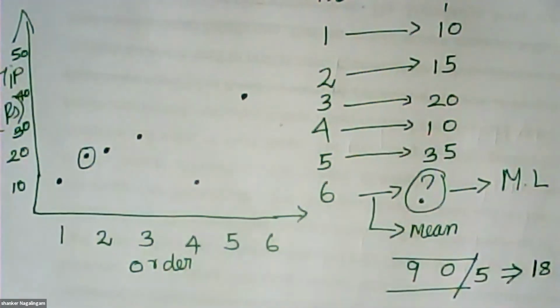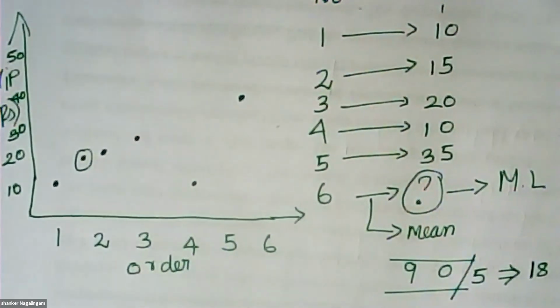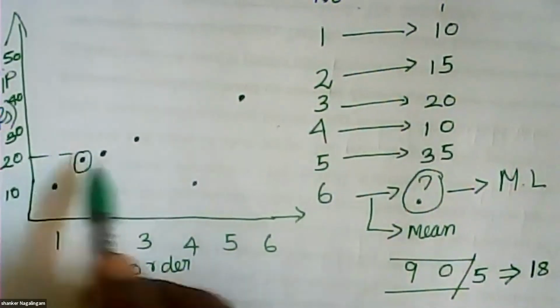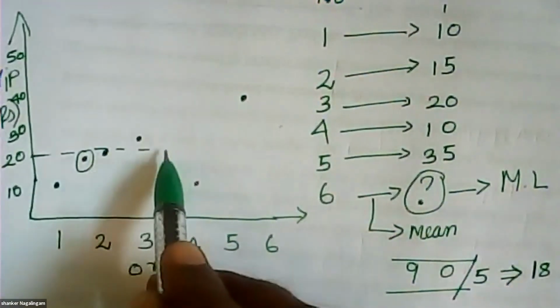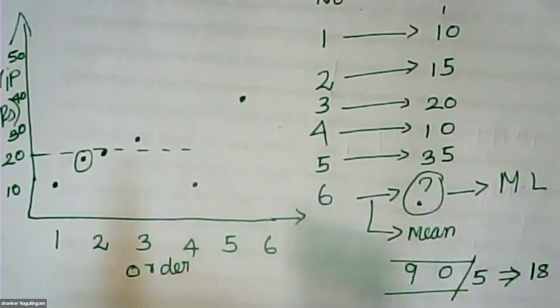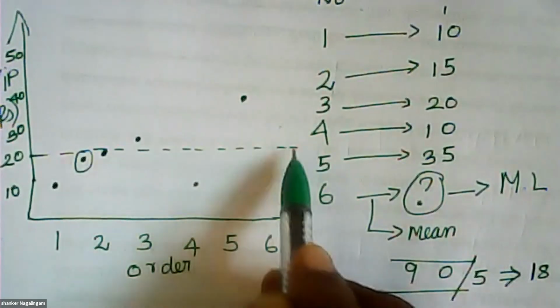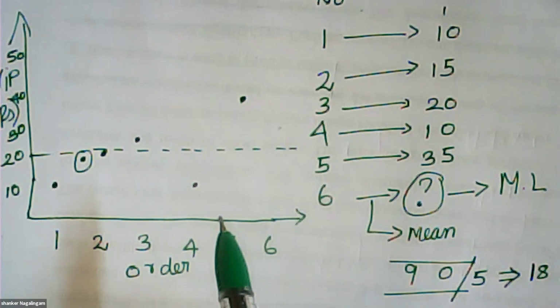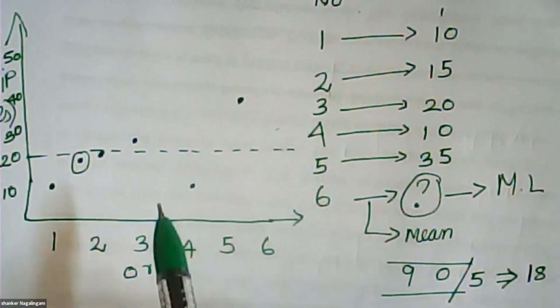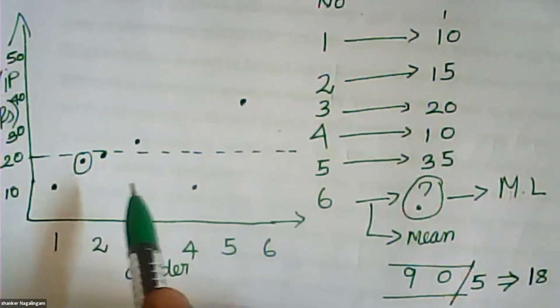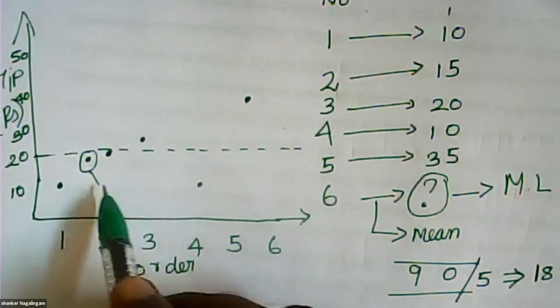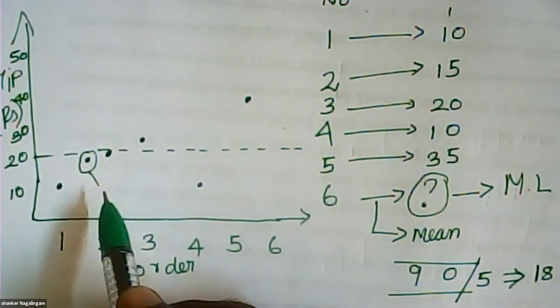So if I mark a line here at 18, now this is the best fit line. Of course, my diagram may be somewhat bigger or smaller, but try to understand, it is the best fit. Now, this is called outlier data.